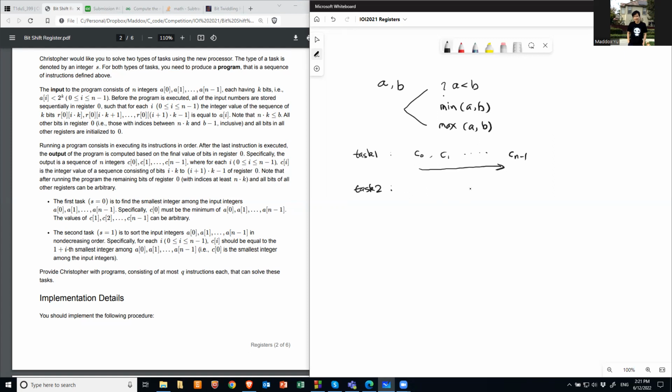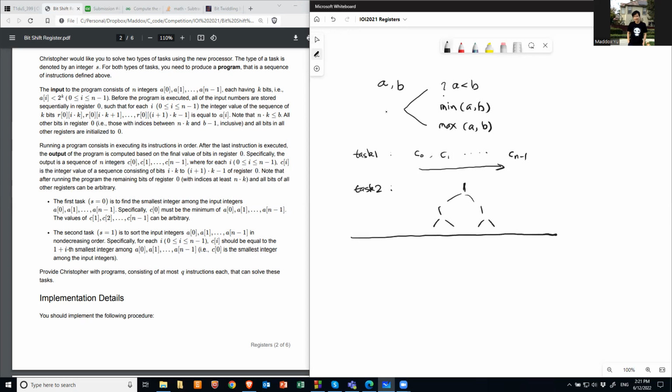Obviously you can do bubble sort, but that is kind of stupid. There's a manual algorithm we know, you can do divide and conquer. There are many other ways we know how to do sort.